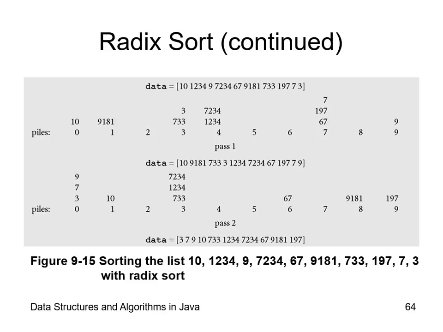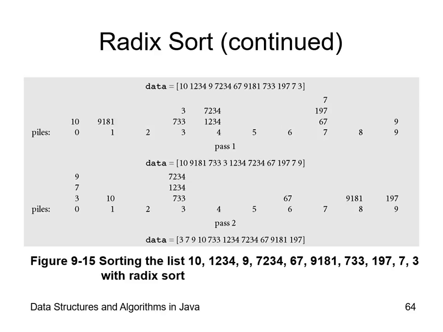Give me a number. 9, 7234, 67, 9181, 730, 33, okay, and another one, 3.